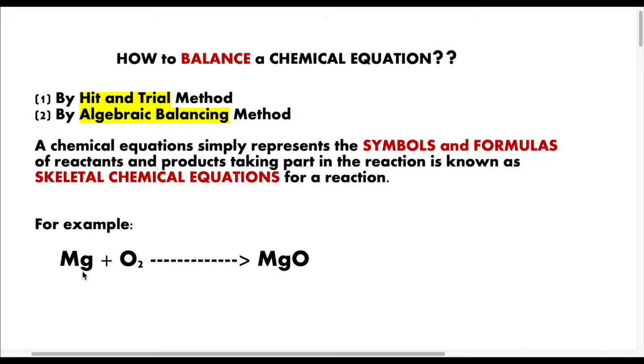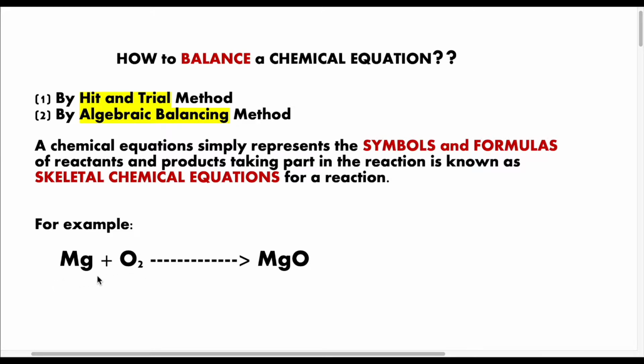Magnesium Mg plus oxygen O2 gives magnesium oxide MgO. Here the symbol of magnesium is Mg, the symbol of oxygen is O2, and the formula of magnesium oxide is MgO. This is a chemical equation which simply represents the symbols and formulas of reactants and products.